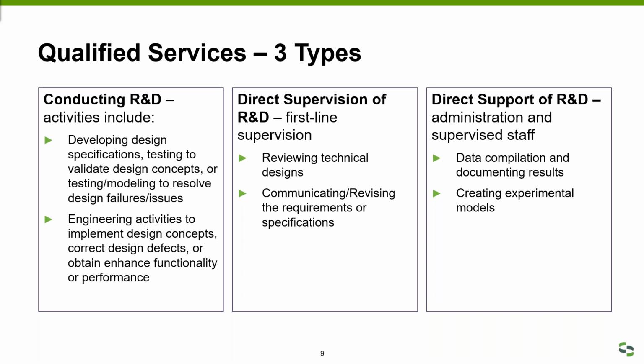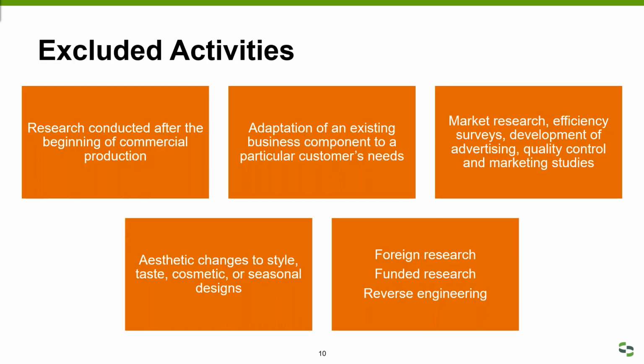But when you think about excluded activities, I want to make sure we cover this as well, is that research conducted after the beginning of a commercial production will not qualify. Now, one can argue in the advanced world we live in and the continuous improvement culture we have and taxpayers is that you're always in and you really never achieve commercial production.